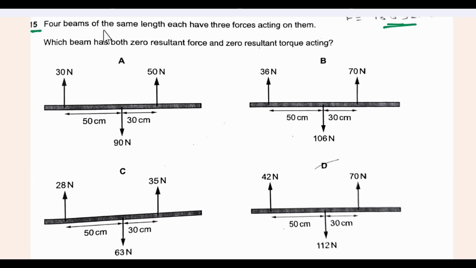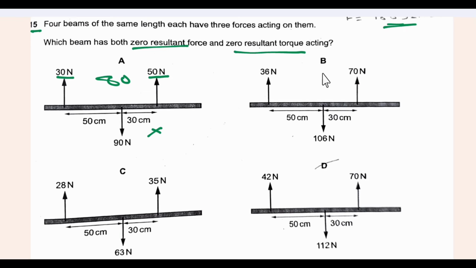Number 15. Four beams of the same length each have three forces acting on them. Which beam has zero resultant force and zero resultant torque acting on it? So resultant force is 0, that means all the upward components are equal to downward components. For the first, there is 30 plus 50, it is 80, and the upward component is 80 and the downward component is 90, so it does not have a zero resultant force.